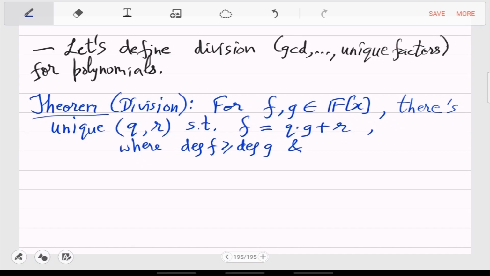I mean, for sanity, you want to divide by something that is of degree lower than the dividend, and degree of r is less than degree of the divisor.